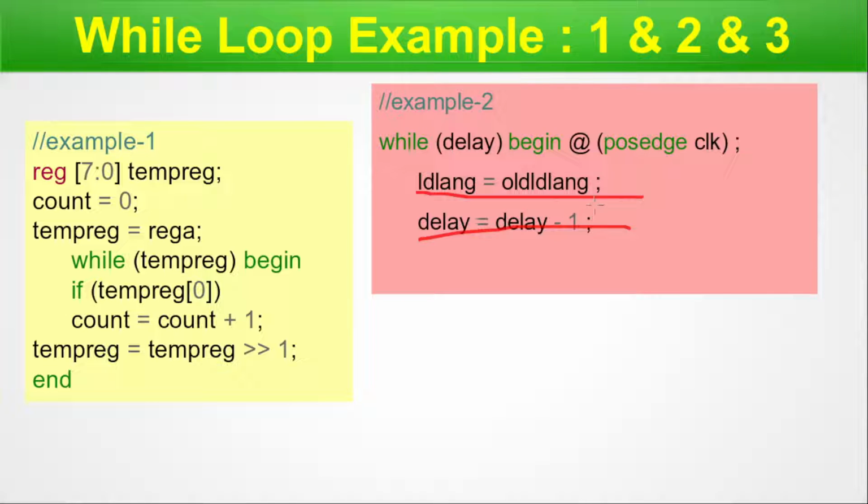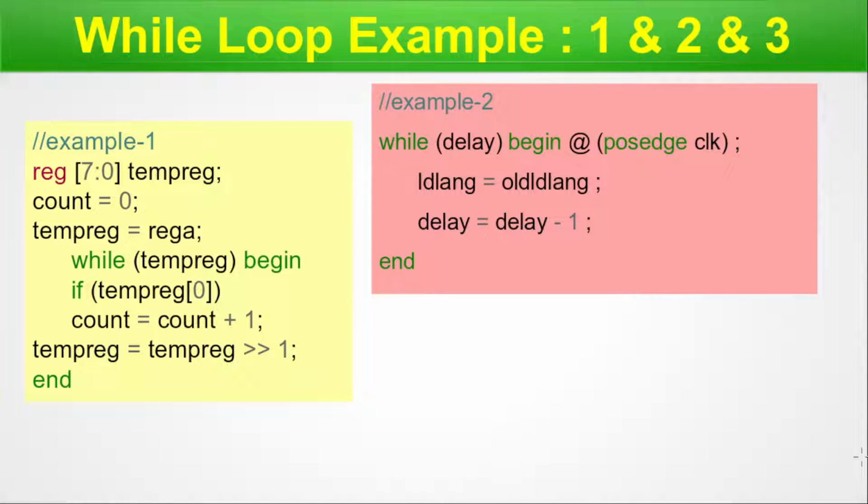In your case this will be a proper design statement. Here it is just an example of the while loop. This is the style in which you write the Verilog code so that you can apply it. Here we end our while loop, and this end corresponds to this begin. In earlier slides we talked about how the posedge of clock can be included here, and we have exemplified it here.